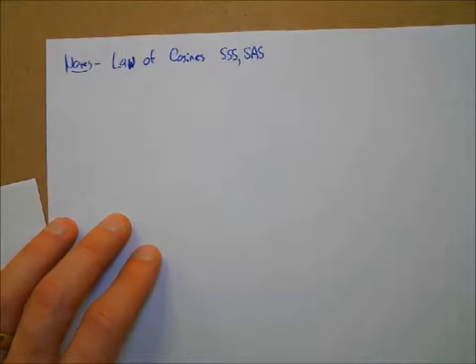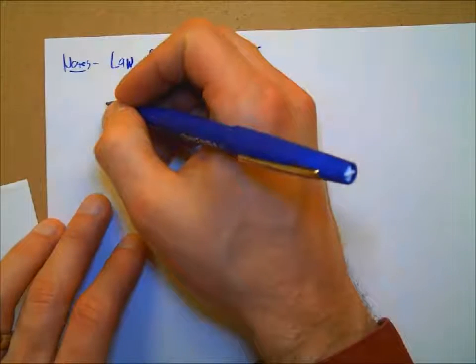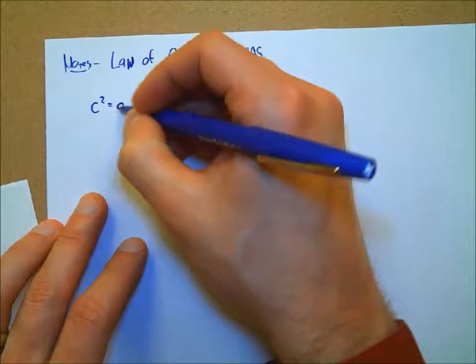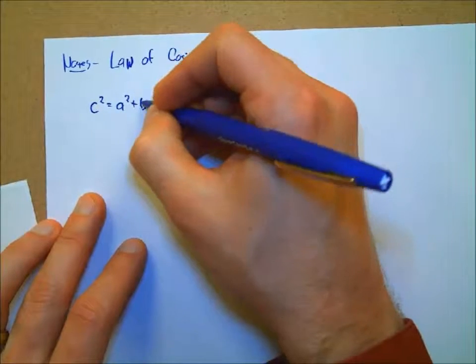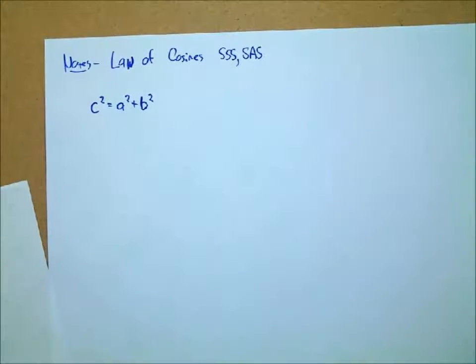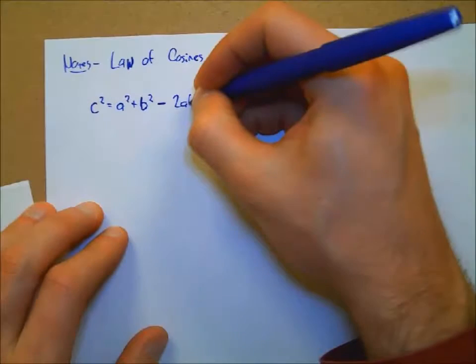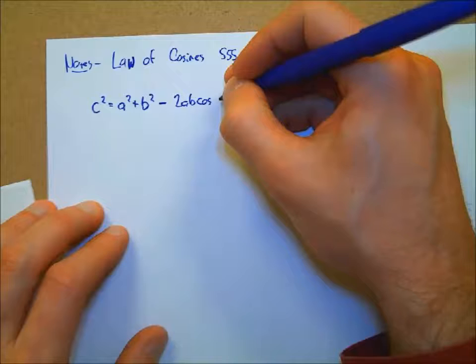Okay, here are our formulations for the law of cosines. You'll notice, what does this look like? Pythagorean theorem with a little correction factor for the idea that this is not a right triangle.